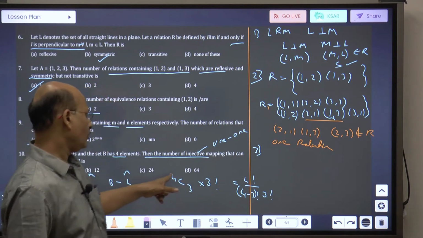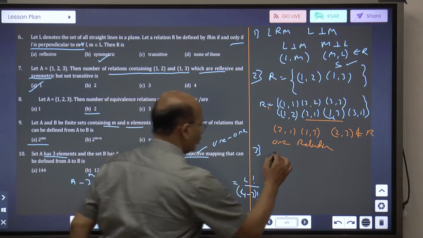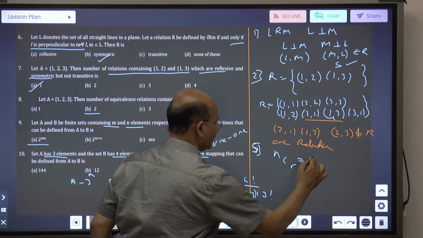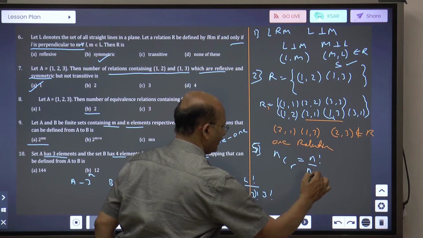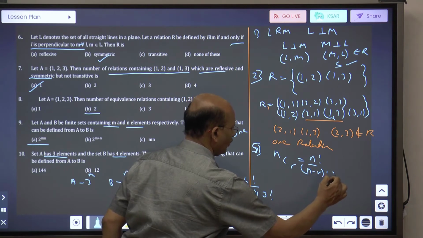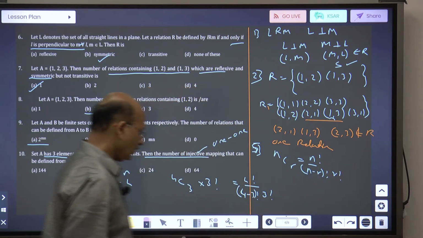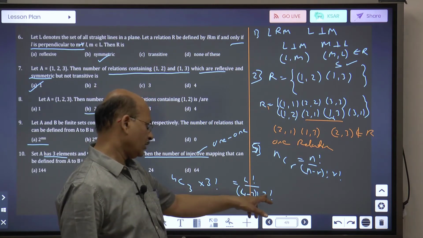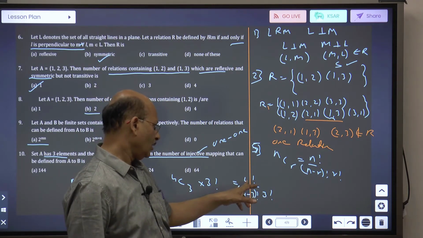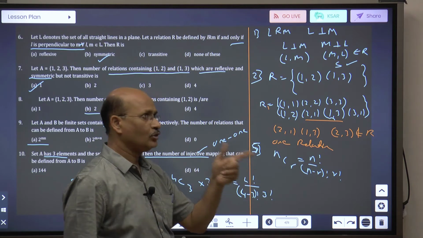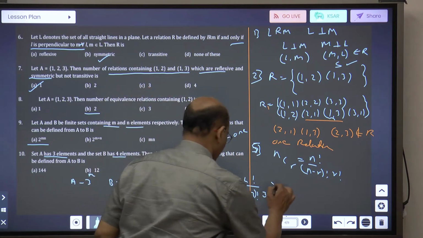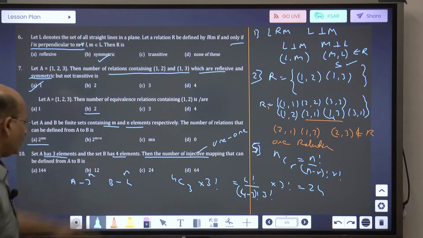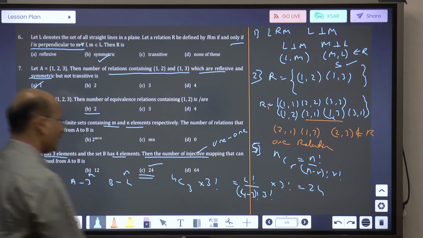Everybody knows nCr, which is n factorial upon n minus r factorial into r factorial. So 4 minus 3 is 1 factorial, 4 into 3 factorial, 4 sixes are 24. Is 24 there? Yes, 24 is there. This is the right answer.